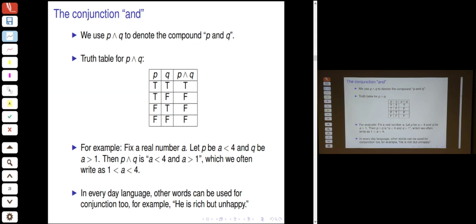For example, "he's rich but unhappy" essentially means he's rich and he's unhappy. It requires you to know the meaning, and then you can use different words to express the same meaning. But most likely we will stay in the mathematical world, although it's fun to analyze sentences like this. You will see some examples in the tutorial problems review. But those things are for fun, not for the study of mathematics.